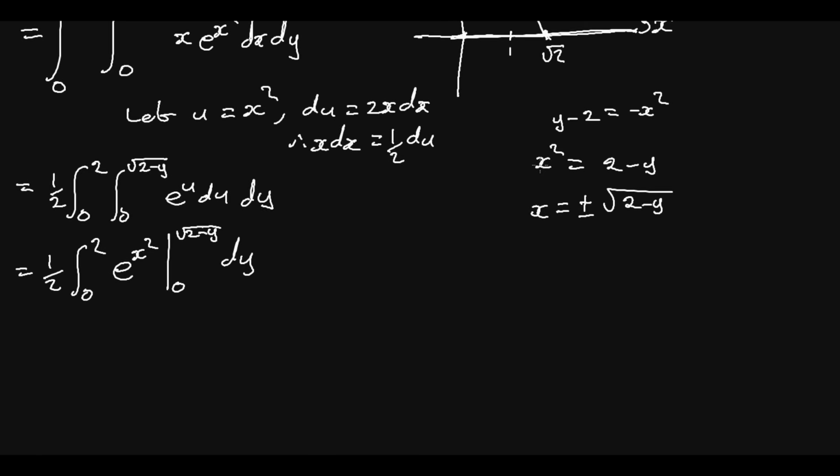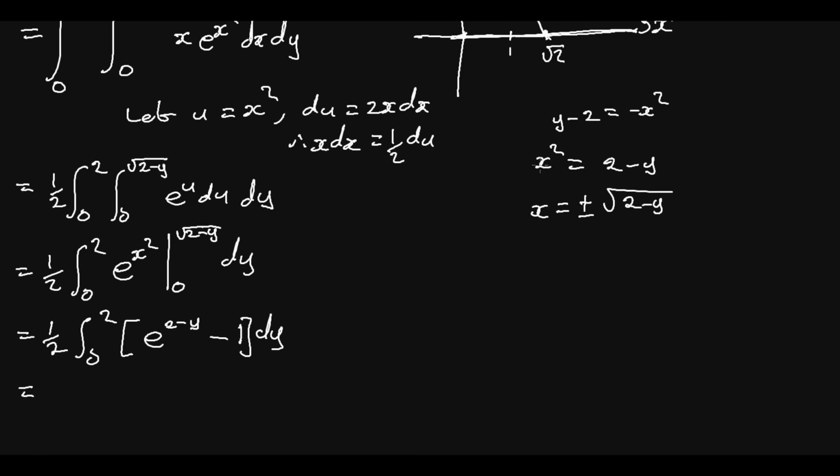So let us apply the limits. It's 1 over 2, 0 to 2. Try to apply the limit here. So the power 2 will remove the square root, so we'll be left with 2 minus y, minus e raised to 0, that is a unit, dy.